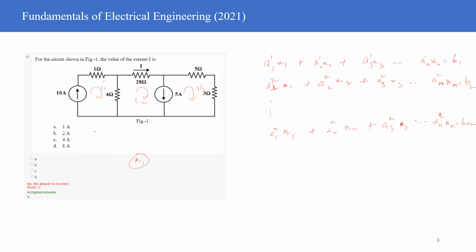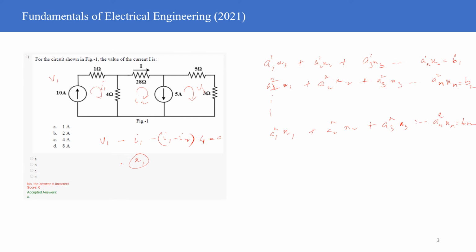So let the potential across this point be equal to V1, right? So I'll write V1 minus current I1 into 1 ohm, which is 1, right? And then through 4 ohms, minus (I1 minus I2) into 4 is equal to 0, correct? This is equation number 1.